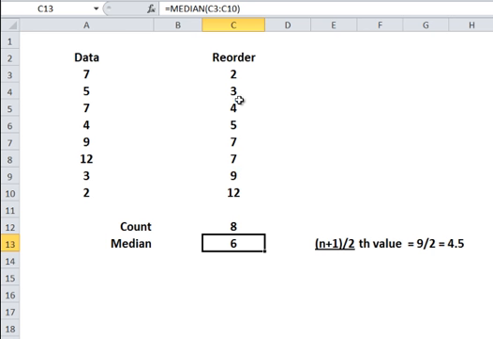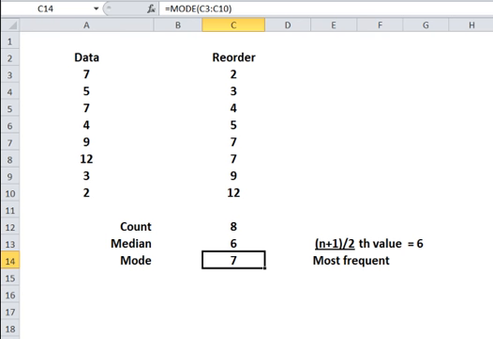So we go down 4: 1, 2, 3, 4. It's in there. The middle number, it's got 4 on either side, so it's just between the 5 and the 7, which is correct. So that's our median.